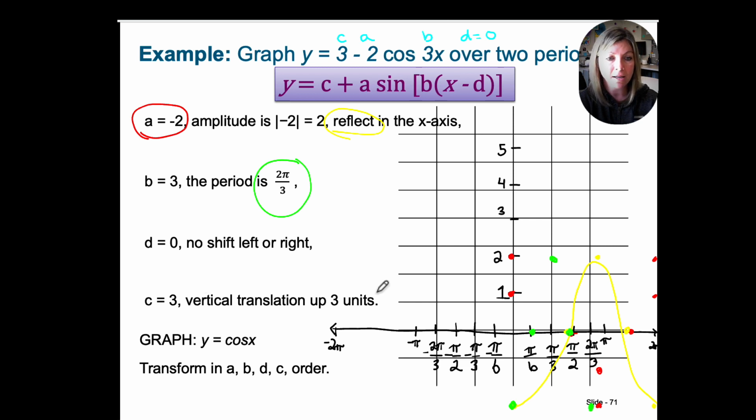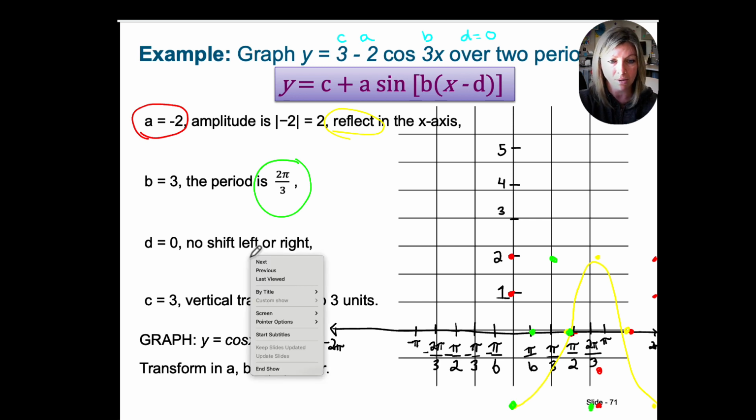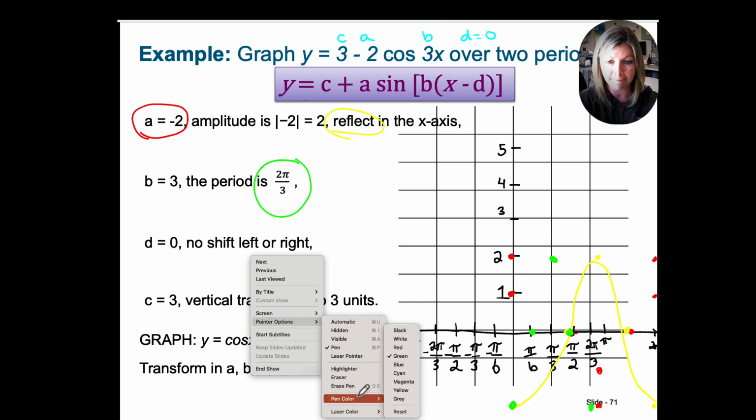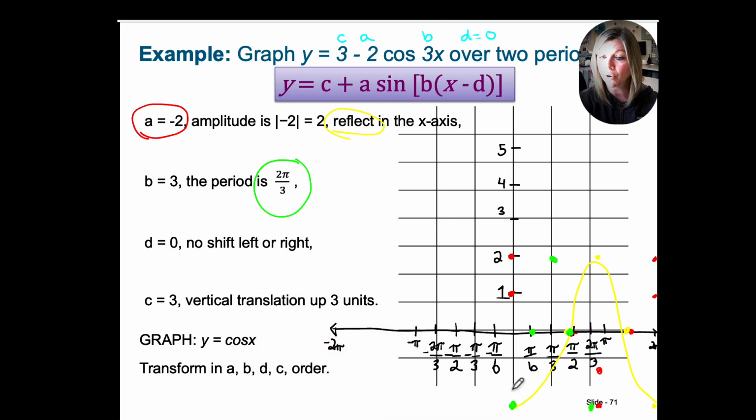Okay, D would say shift it to the left or the right, but we do have no horizontal shift. C says to shift this 3 units up. So let me switch colors. All right, so I'm gonna take each of the green and shift them up 3 units.